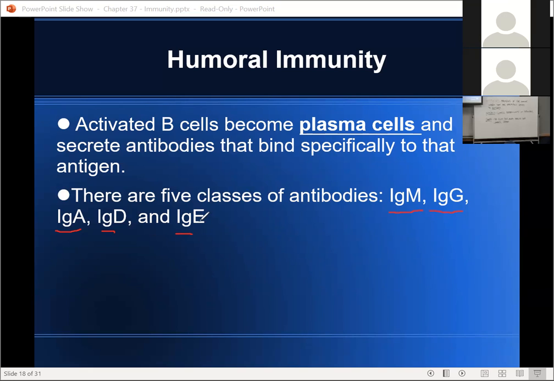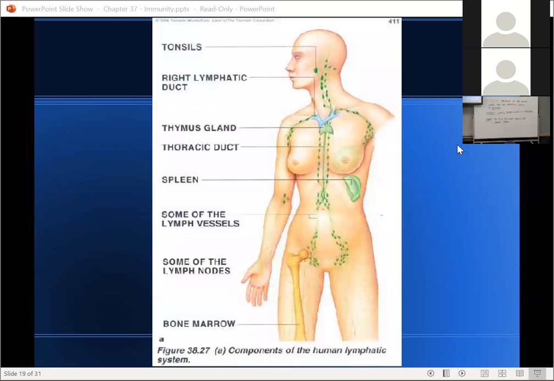And IgE, I think it's IgE in particular, if you have allergies, these antibodies are also involved in allergies as well. But again, I think this is a little too in-depth for an introductory biology course, so I'm not going to really be asking you about the different classes of antibodies.